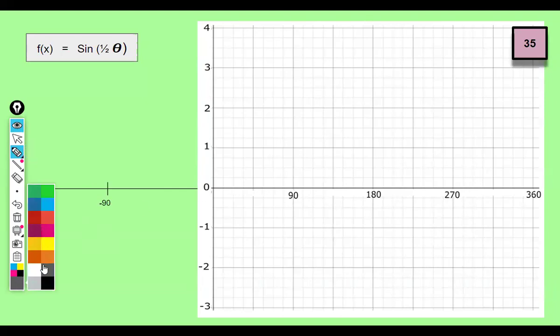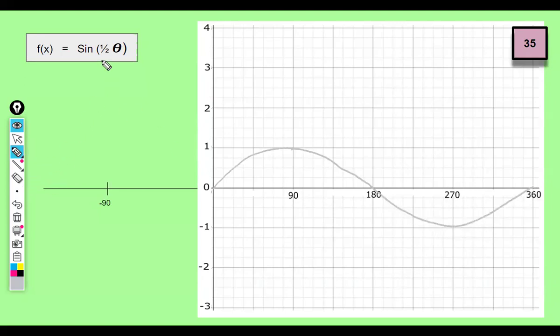Get the gray here, right? So it's going to look like this. Go down here, go down to -1 and 360. Now remember, Billy only affects the x coordinates. So we're going to multiply all the x coordinates by 2, not a half, because we always do the opposite, right? So we flip the half and we get 2.